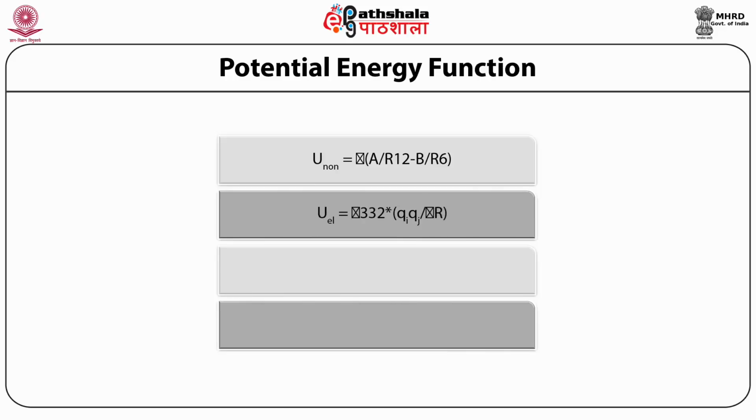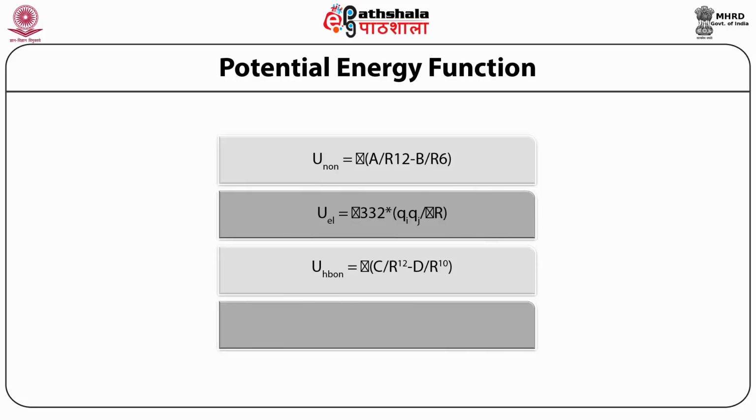U electrostatic is given as 332 multiplied by Qi Qj divided by epsilon r, where Qi and Qj are the charges on the two atoms i and j, and r is the distance between these two non-bonded atoms.